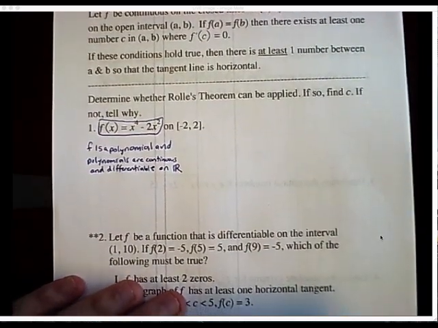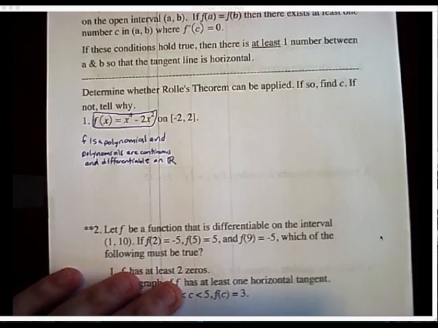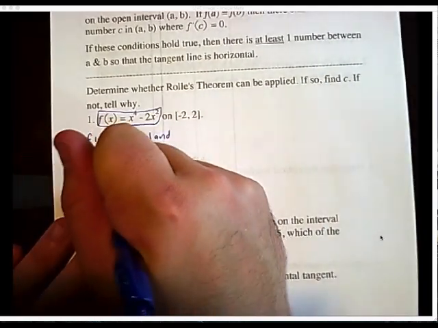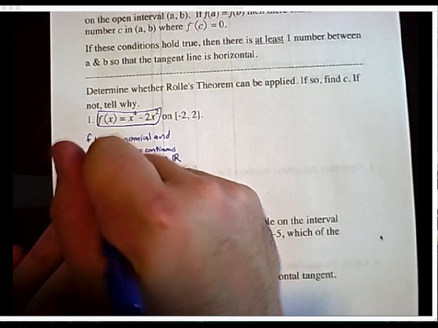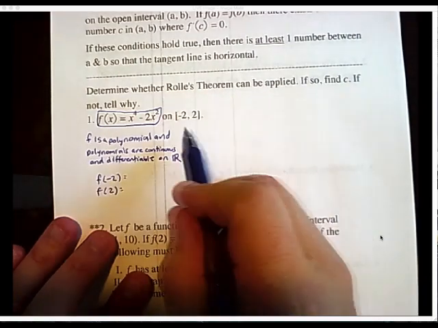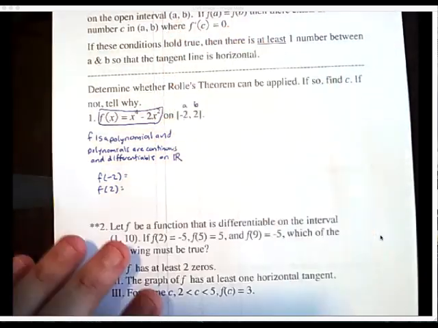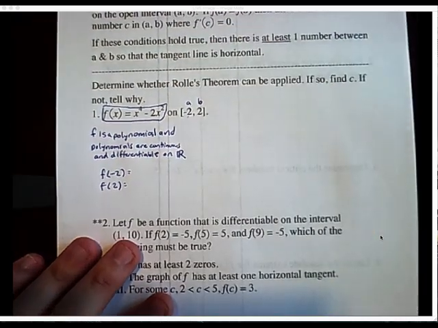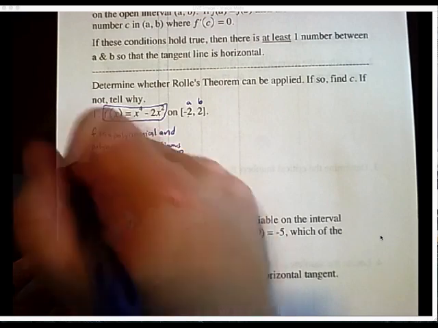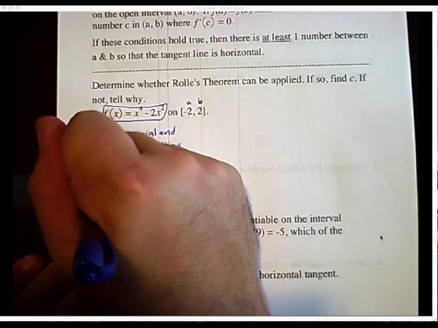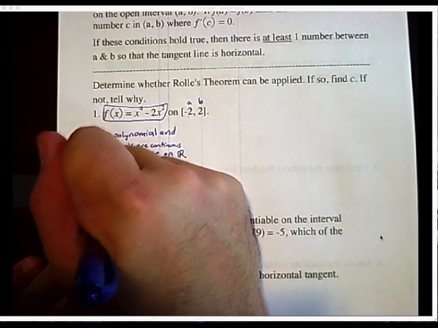Now we've got to make sure the y values come out the same. So let's figure out what f of negative 2 is, and what f of positive 2 is, because those are the endpoints. There's the a and there's the b. When I'm figuring out f of negative 2, I'm figuring out f of a. And here I'm figuring out f of b.